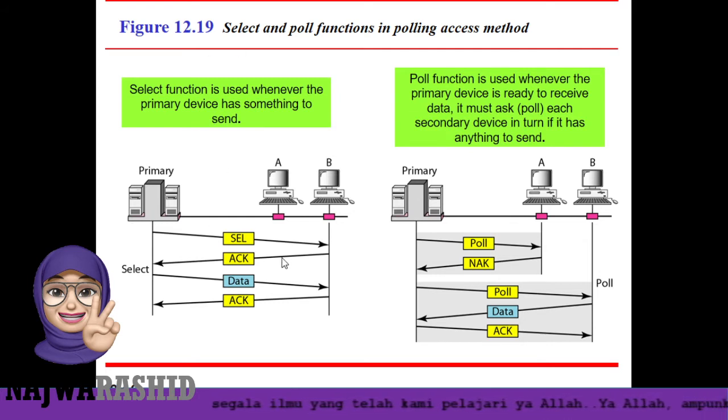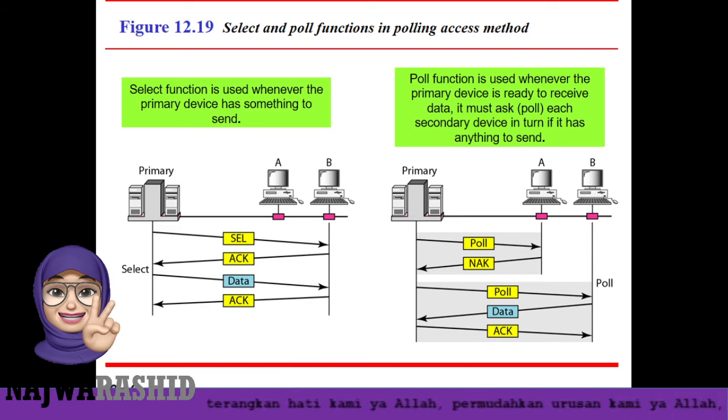Primary wants to send data to B, so it sends the select function to B. B sends back an acknowledgement, yes, I am ready to receive the data. Then the primary sends the data and station B replies with an acknowledgement to the primary that the data has been accepted. These are the steps of transferring the data.